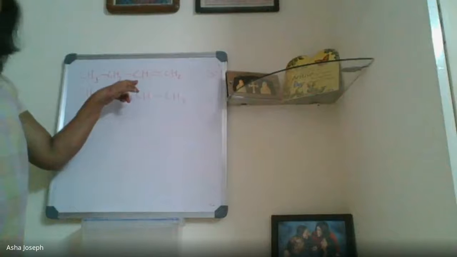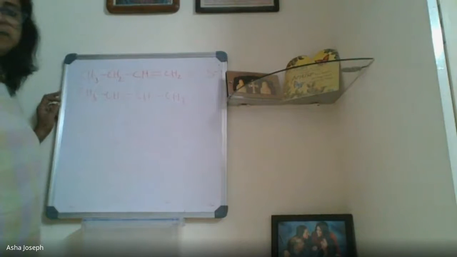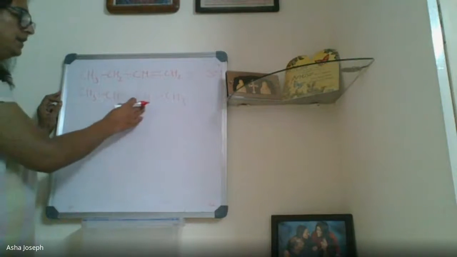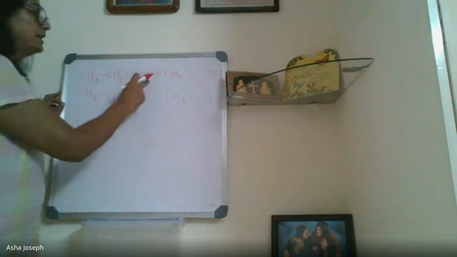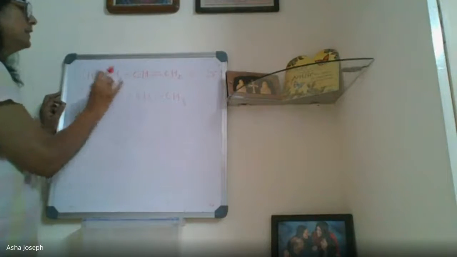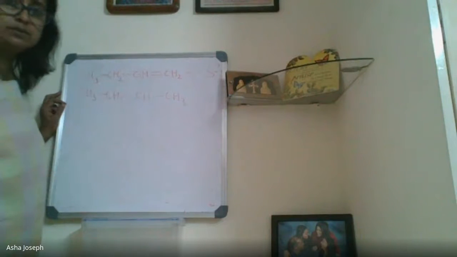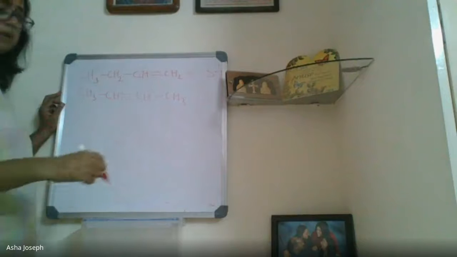So this is very important, and here what we do, we will add HBr, any hydrogen halide, and then eliminate. So addition of hydrogen halide, if you want the double bond in the second carbon, then the halogen should come here, Markovnikov's addition, isn't it?